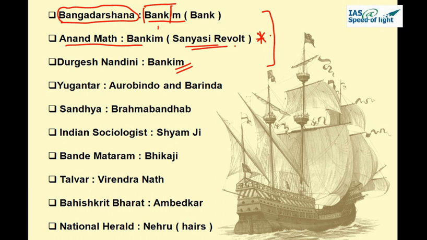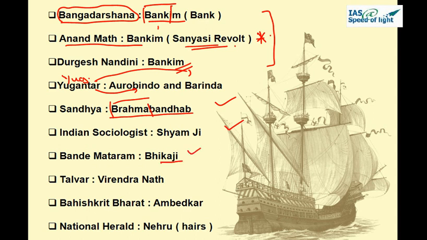Yugantar, we have already linked it with Yug, ending the world of corruption by Arvind Kejriwal and by Brinda Karat. Sandhya, Brahma Bandhab. So Brahma, Lord Brahma, Sandhya, like in the evening, you always pray to Lord Brahma. Indian Sociologist, Shyamji, Bande Mataram, Bhikaji.